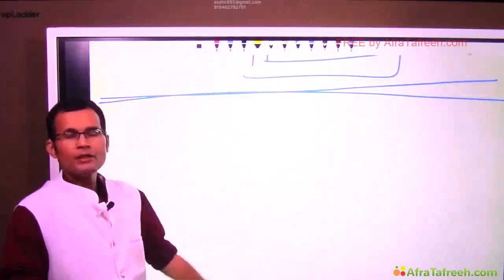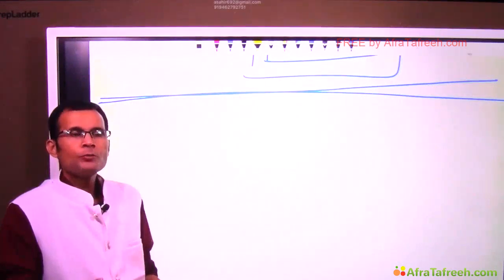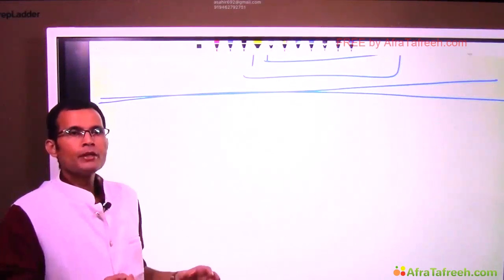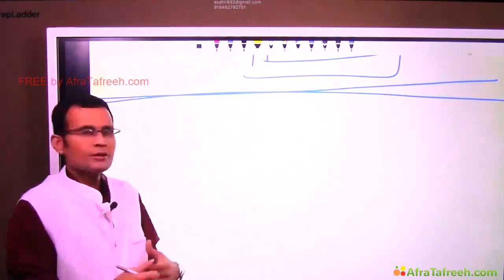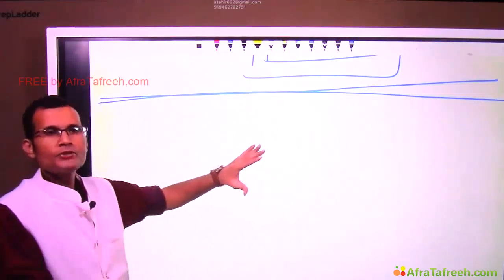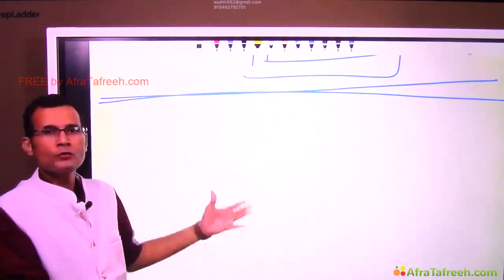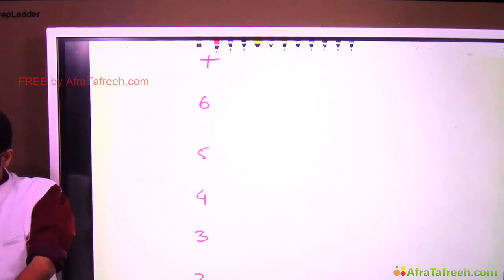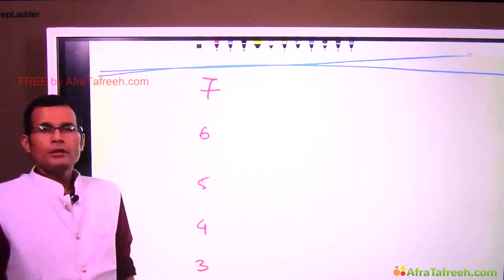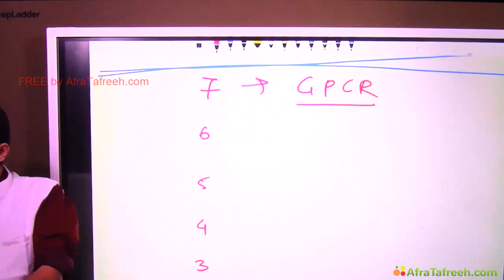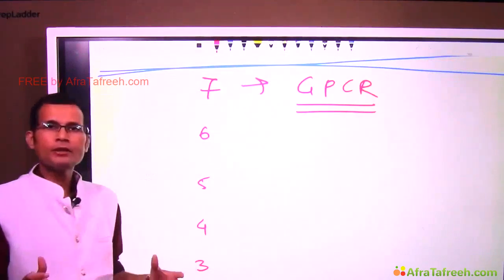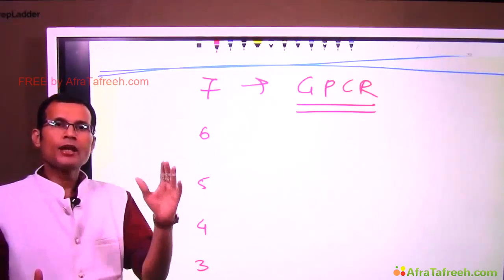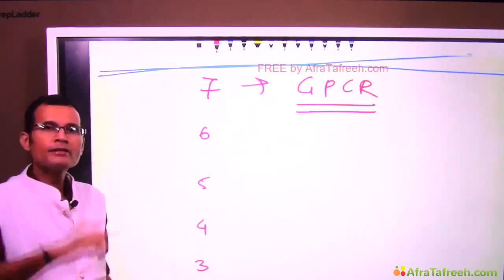Before we close this particular section, I'll give you an easy way of remembering the structural characteristics of the proteins. Let's write like this: 7, 6, 5, 4, 3, 2. 7. GPCR, G protein coupled receptor, has 7 transmembrane segments, spans the membrane 7 times.